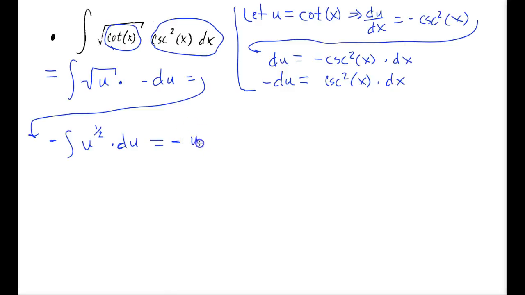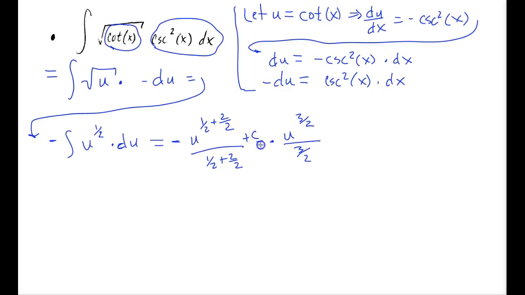So here, that would be 1/2 plus 1. And of course, we will divide by the same thing here. Make sure that's looking okay. So we have negative u raised to the 3/2 divided by 3/2. And this should be plus c at the end.